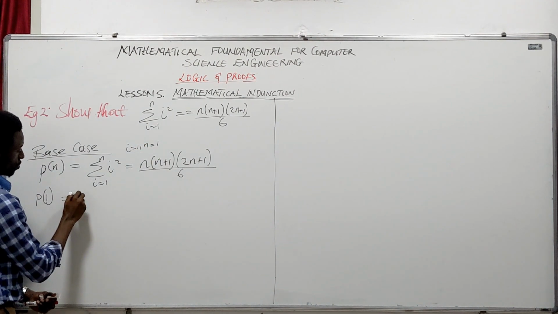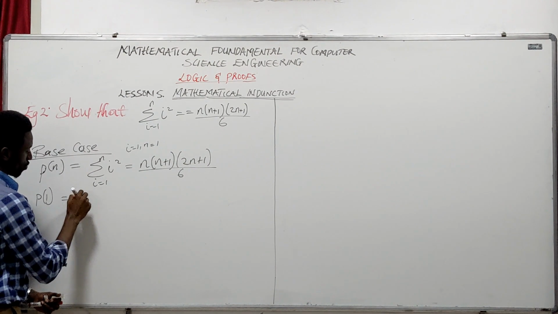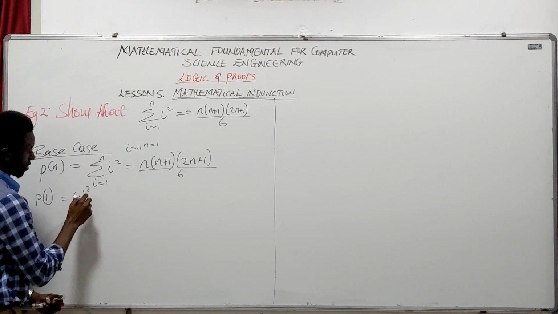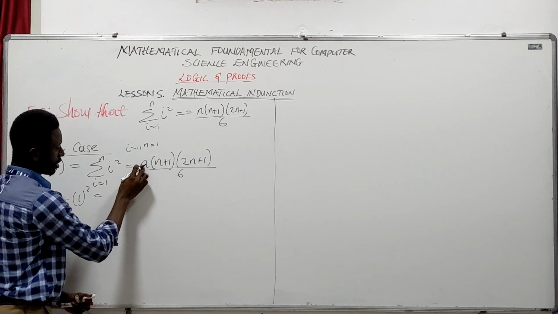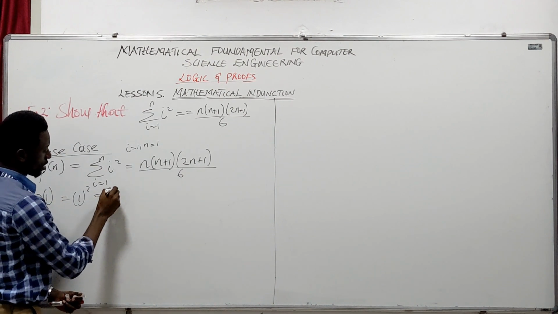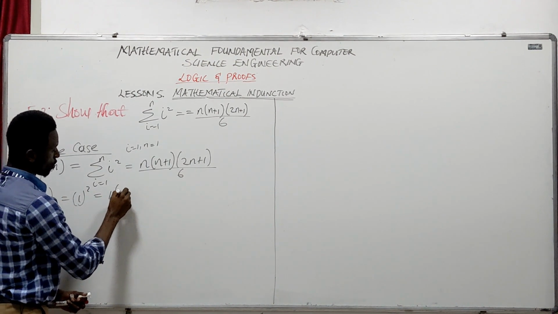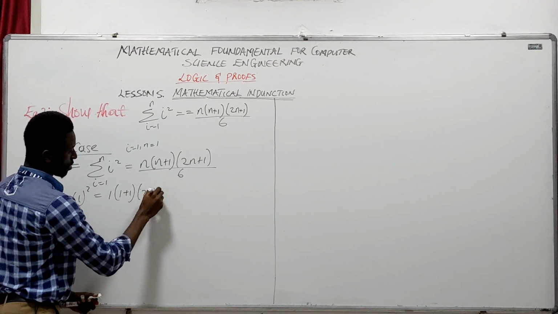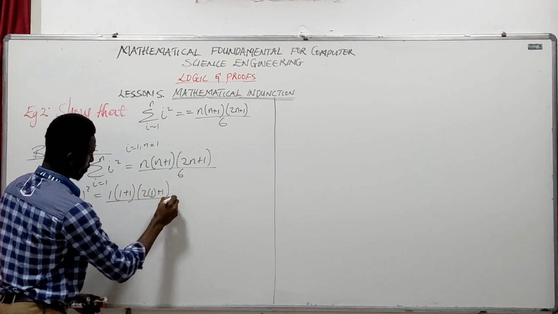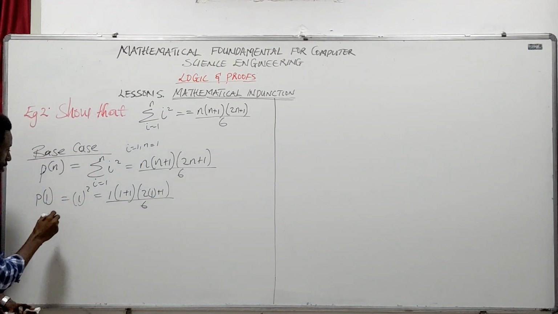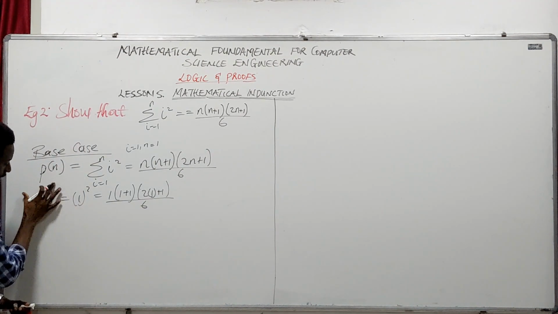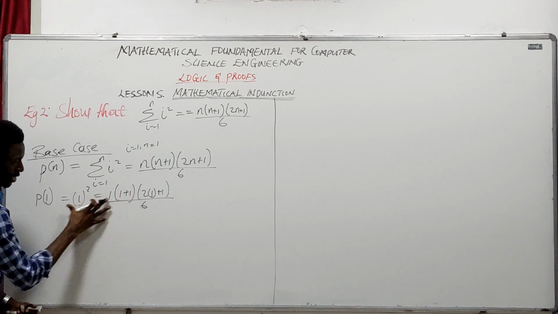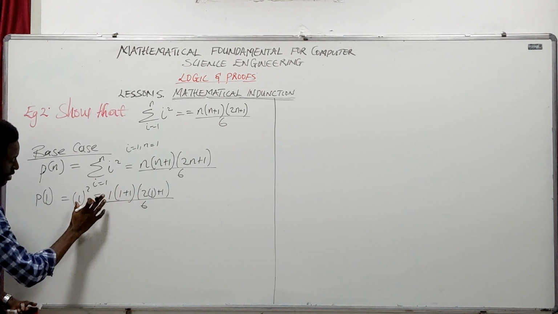Okay, so 1 squared is equal to, instead of this n, I will say 1 into 1 plus 1 into 2 into 1 plus 1 divided by 6. So forget about this one now. We just consider the left and the right.